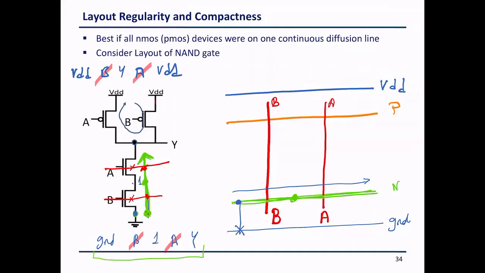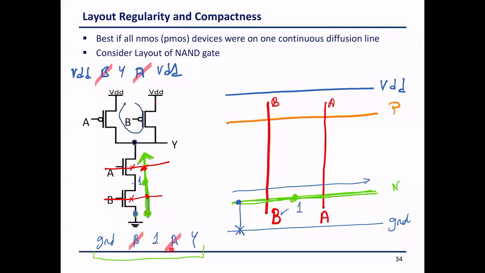Then it went through transistor B. Then it went through a common node. Do I need to do anything about it? This common node between A and B is called one, and it is naturally connected by the diffusion, as we saw. We will explain in more detail later, but I'm just following the logic here, right? Is this connected? Do I need to do anything about it?